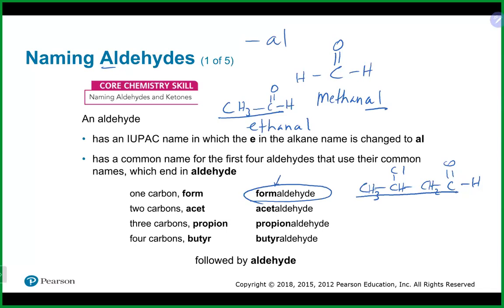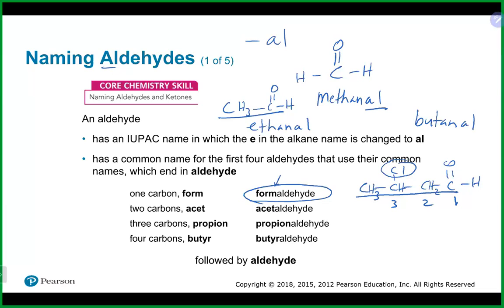So 4 is based off of butane. This would be butanal. Now I do need to give the chlorine's location, and because this is the functional group, this has got to be carbon number 1 because it takes the priority, which means that's carbon 2, and my chlorine is actually at carbon number 3 in this case.